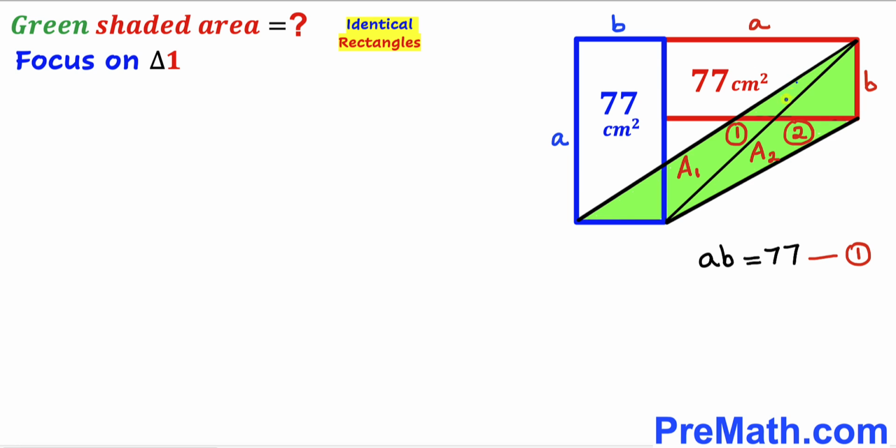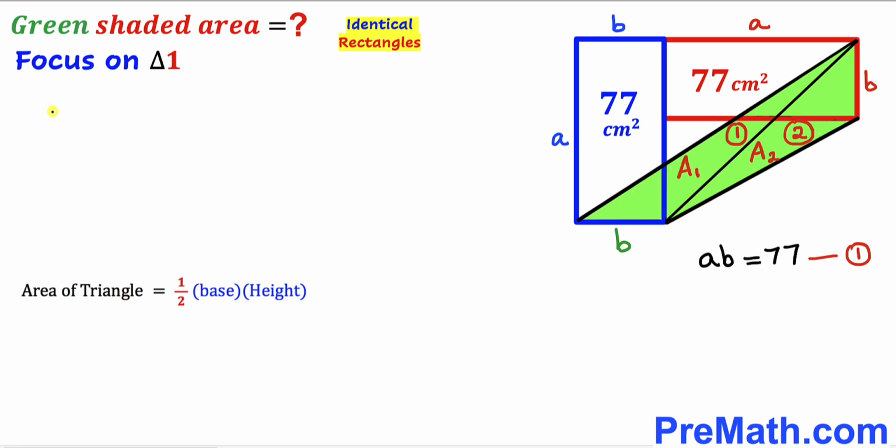And now let's focus on this triangle 1. Let's recall the area of a triangle formula. Area is always equal to a half times base times the height of the triangle. For this triangle 1, its base is this part. This is going to be lowercase b. And the height of this triangle is going to be all this lowercase a. And the area of this triangle is being represented by a sub 1.